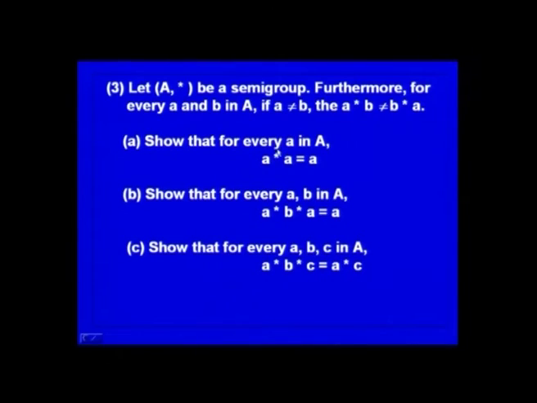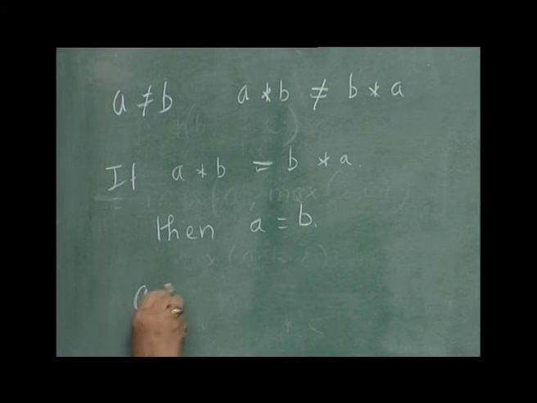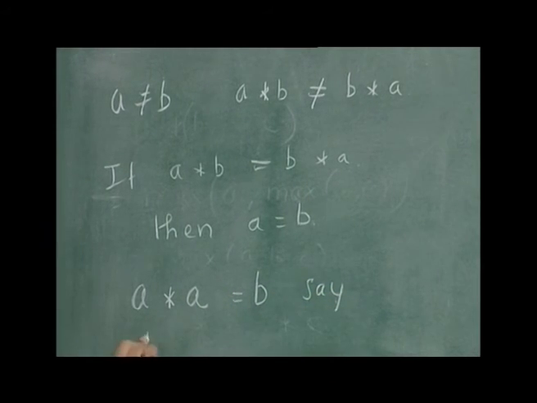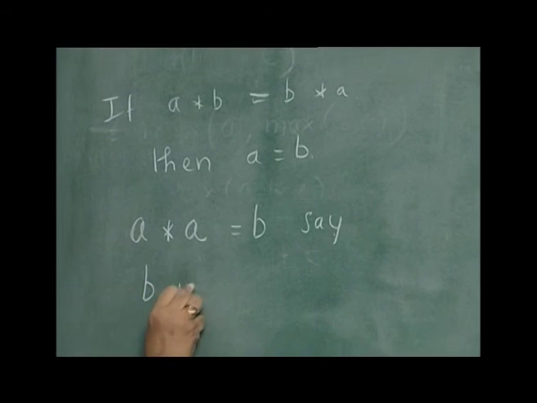Show that for every A in A star, A star A is equal to A. So, A star A is equal to B, say. Then what can you say about B star A?